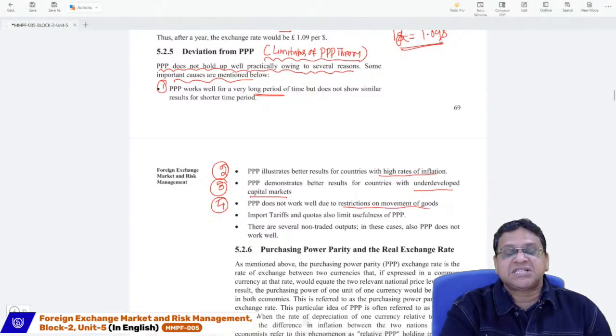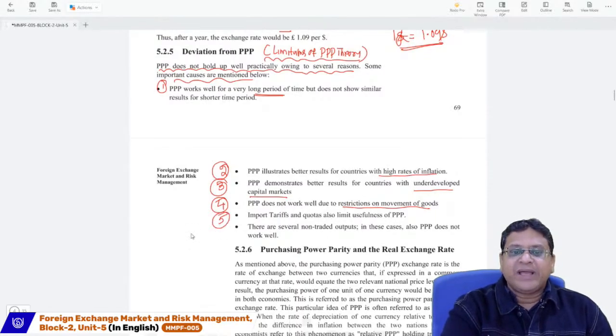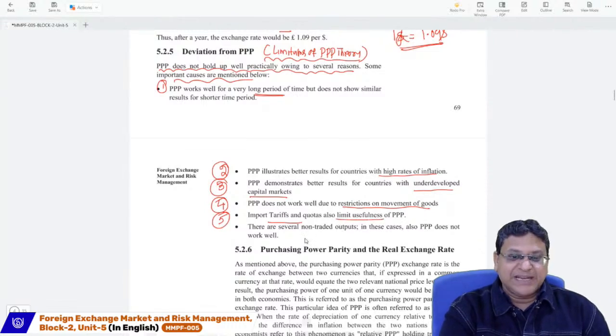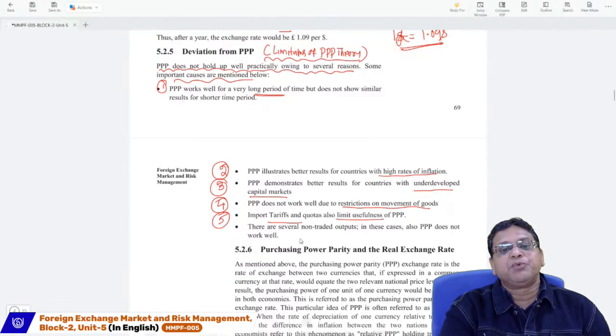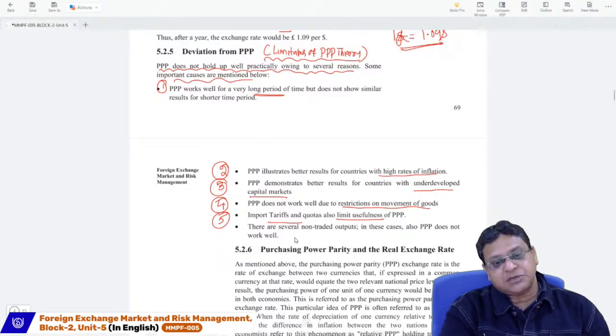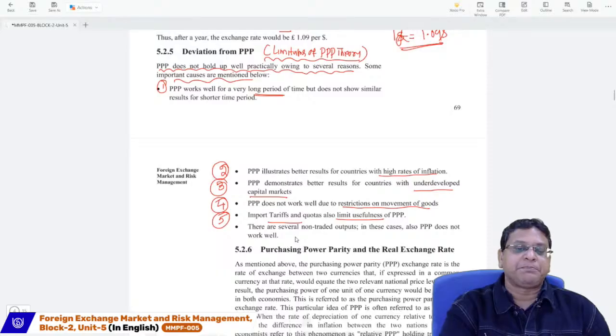Frictions means restrictions on movement of goods and services, that is tariff barriers and non-tariff barriers to trade. Where there is free flow of goods and services between countries, PPP works well.